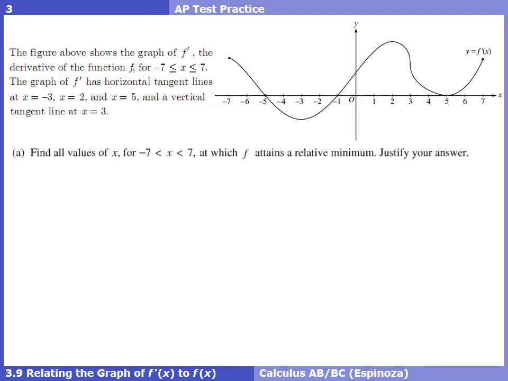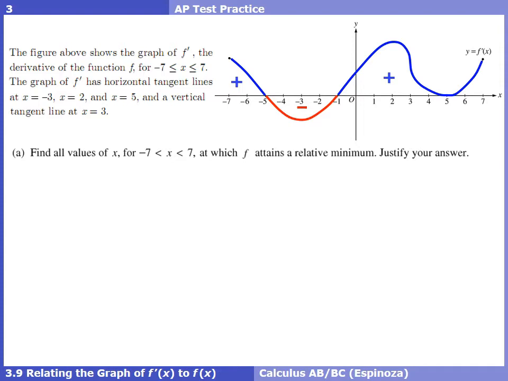In part A, we want to identify any relative minimum and then justify our answer. Just like I did in that last example, I'm going to label the values that this graph has. In that first section it's positive, second section negative, and then the rest is positive.